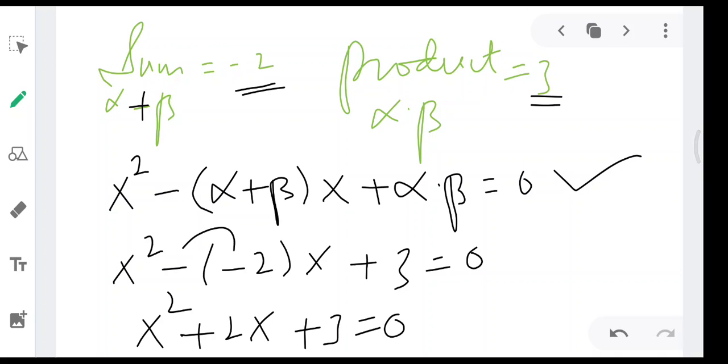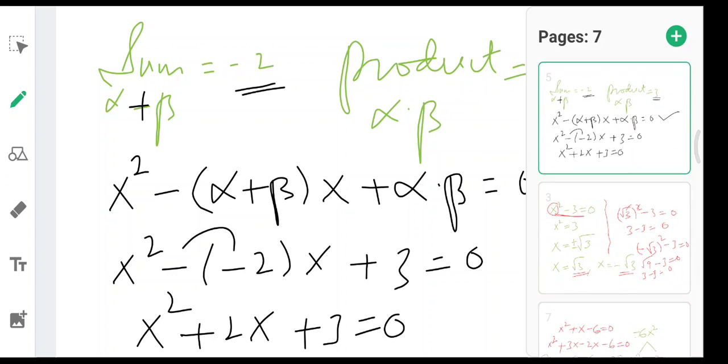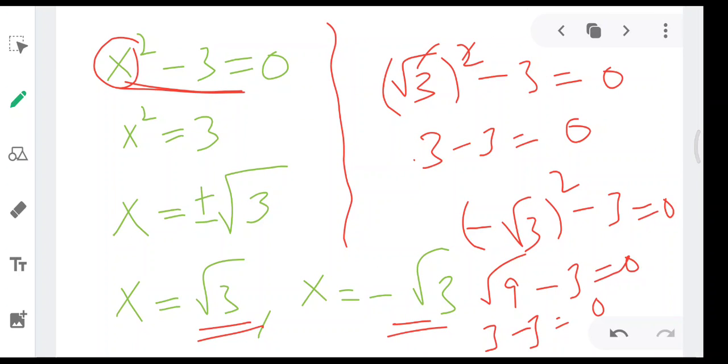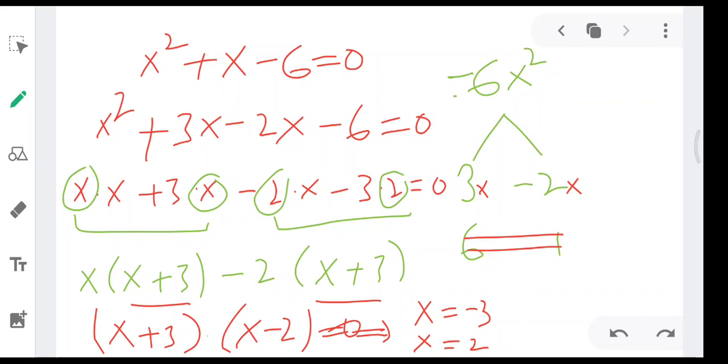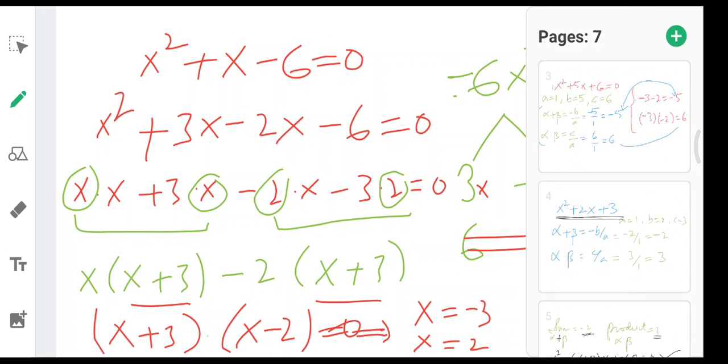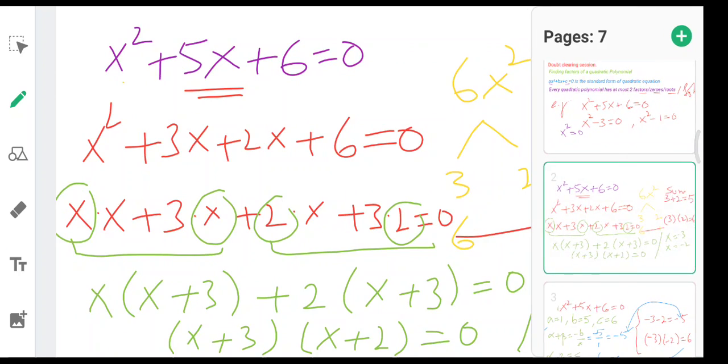So this is also one of the most important concepts. Same thing you can do for every quadratic polynomial. For every quadratic polynomial you can do these 3 steps. What are the 3 steps?